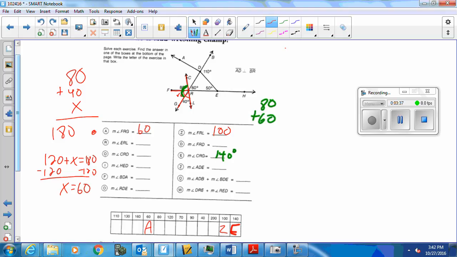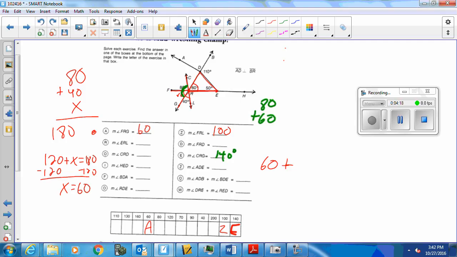All right, and let's do W. What is that? DRE. So D R E, right? So that's 60 plus RED. Where's RED? RED is going to be right here, 60 plus 50.